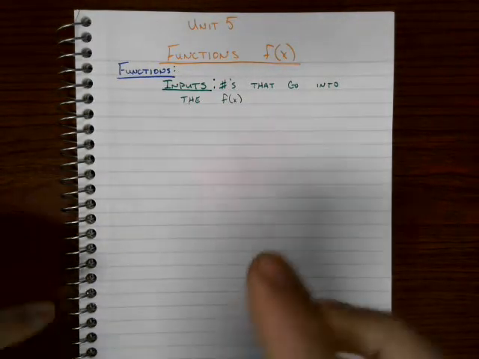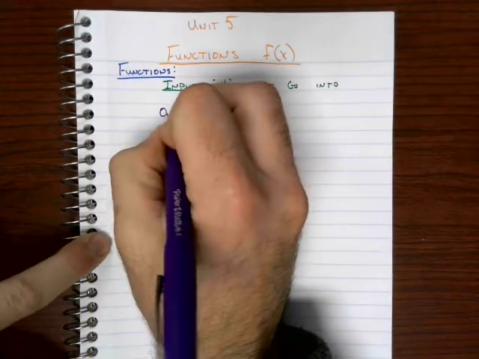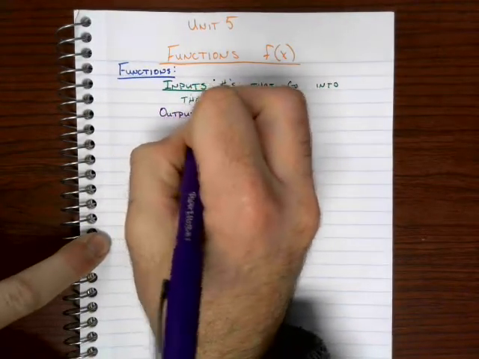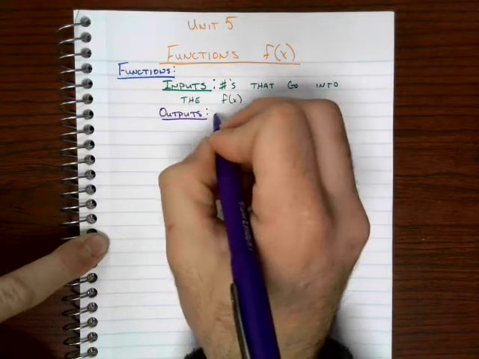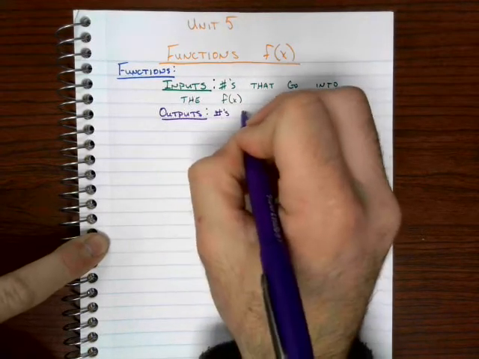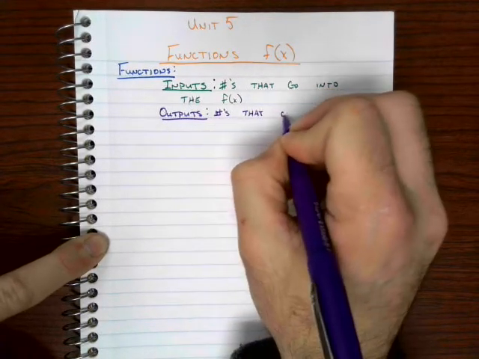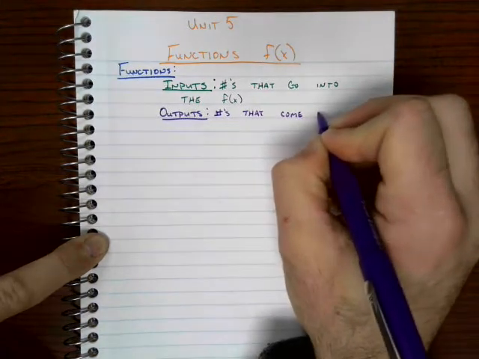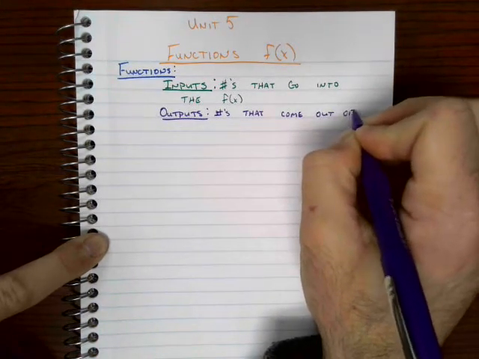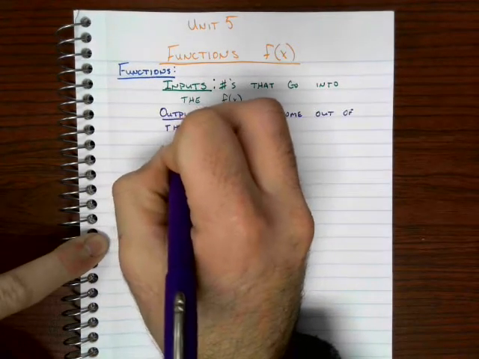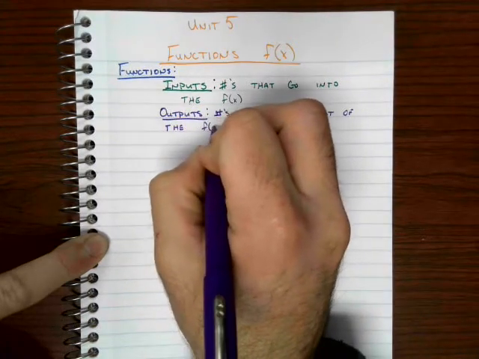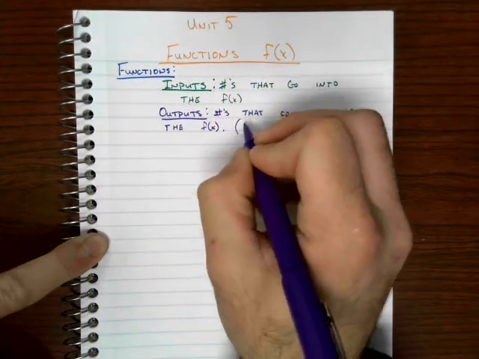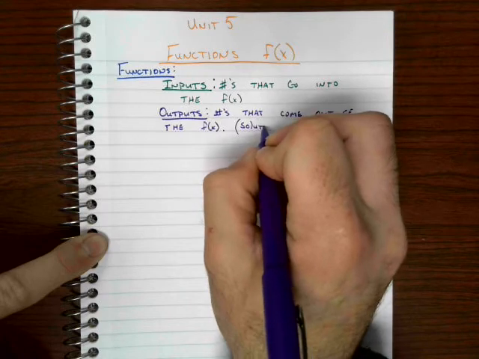We also have outputs. These are the numbers that come out of the function. These are basically your solutions or your answers.